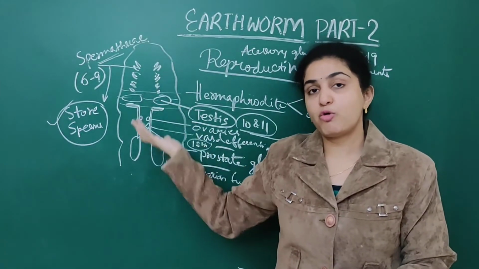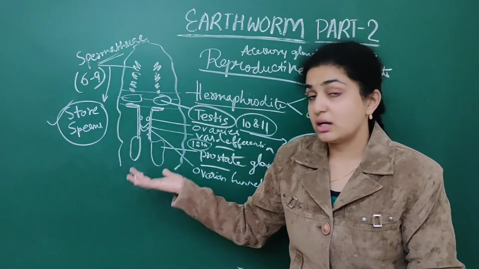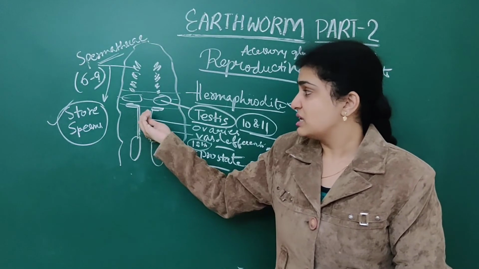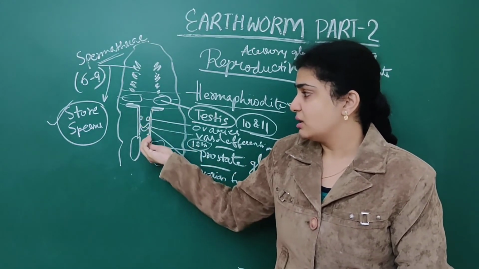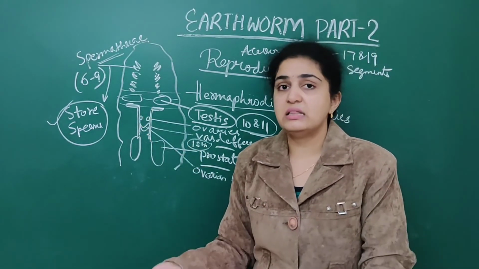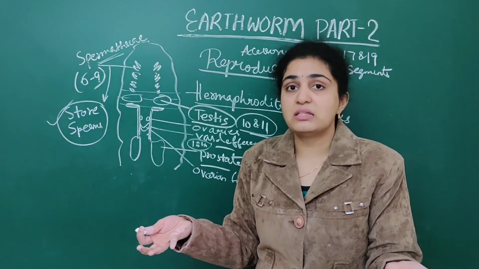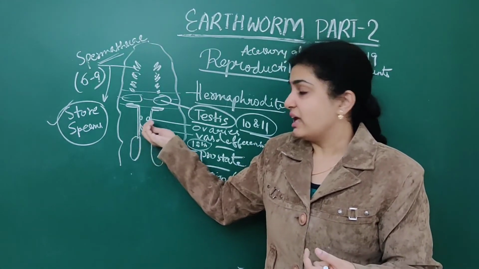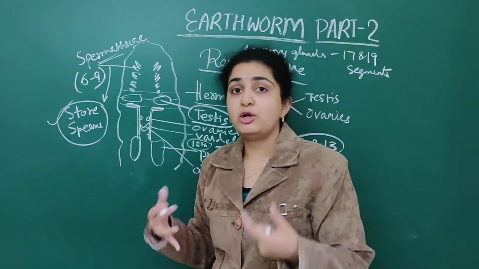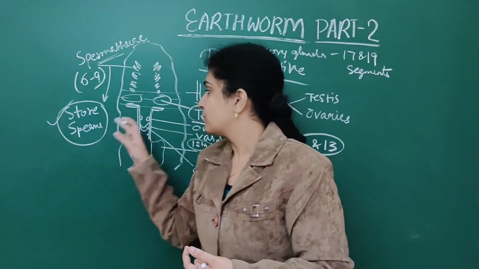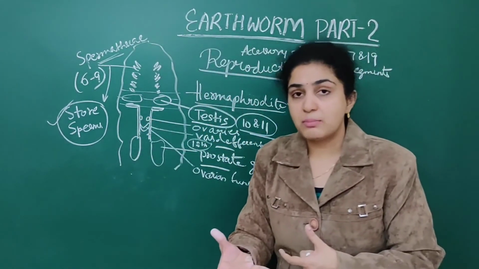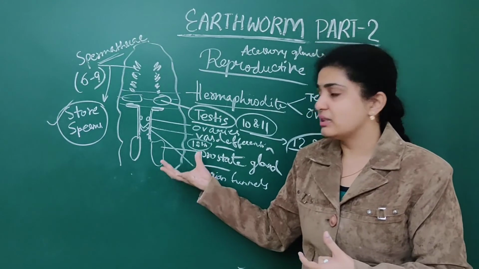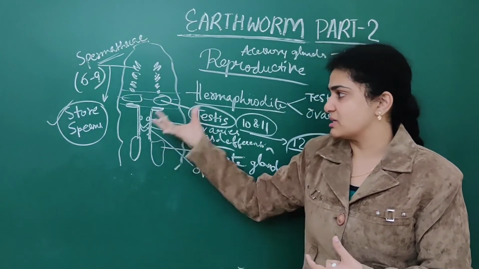Female genital pore, 14th segment. Male genital pore, 18th segment. The vasa differentia extend up to the 18th segment, and the ovarian funnels open into the 14th segment, because the female genital pore is in the 14th segment and the male genital pore in the 18th segment.